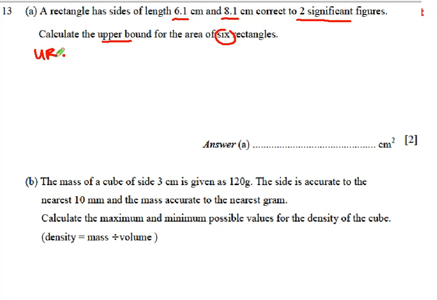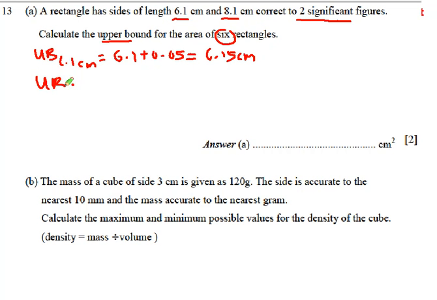The upper bound for 6.1 cm, correct to two significant figures, is equal to 6.1 plus 0.05, which is equal to 6.15 centimeters.